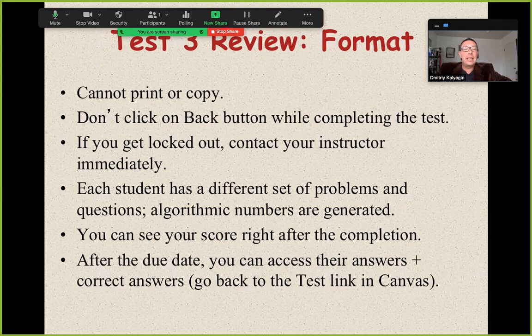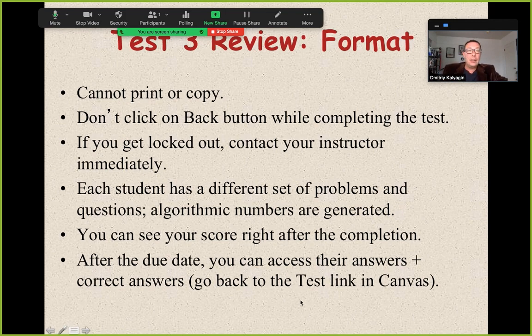The format of the test is the same. You cannot print or copy it. If you get kicked out of the test for some reason, please contact me right away. Each student has a different set of problems, algorithmic numbers, and multiple choice questions. Once you complete the test, you can see your score right away, and it's automatically transferred from Connect to Canvas.